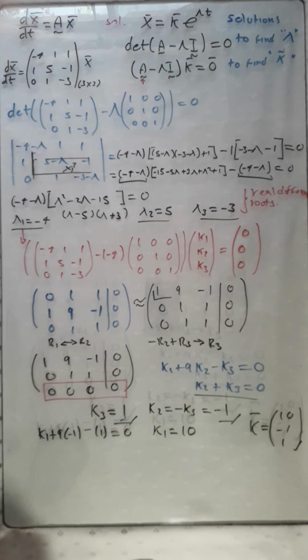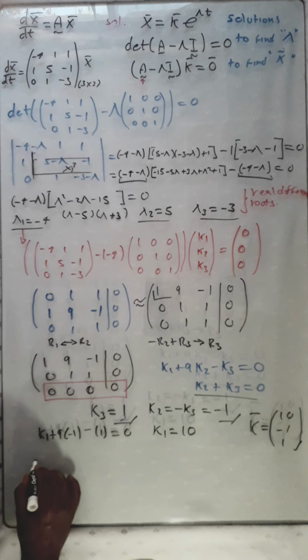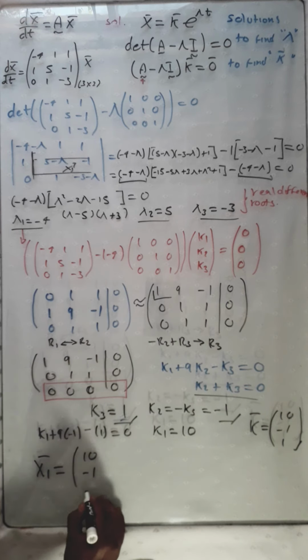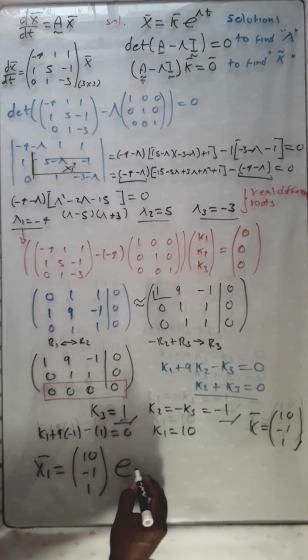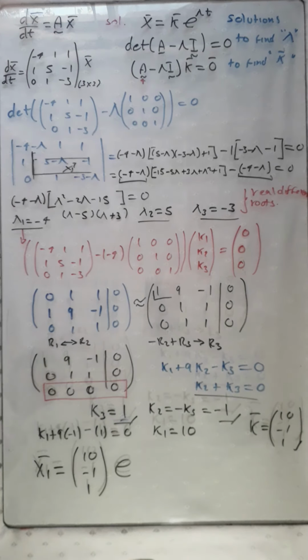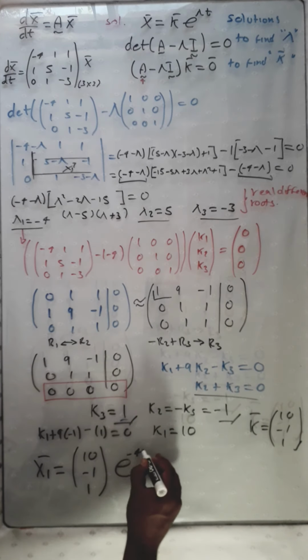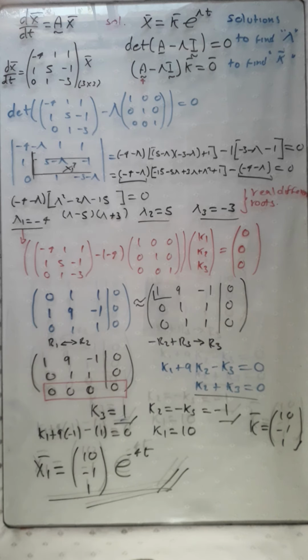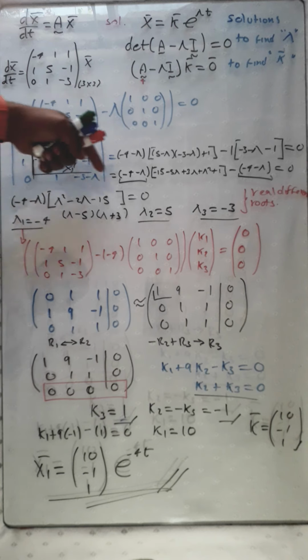Okay, now what is the result? In the end, the first solution is going to be my k vector, 10, minus 1 and 1, times the exponential, using this formula, k vector e to the lambda t, and the lambda that I use is minus 40. And this is only my first solution. I have to repeat the same process, but now with lambda equal to 5.